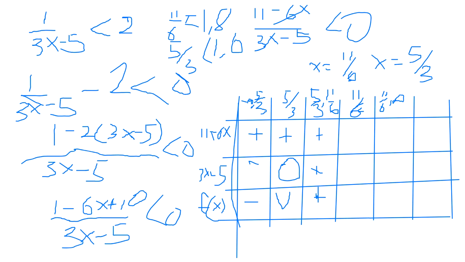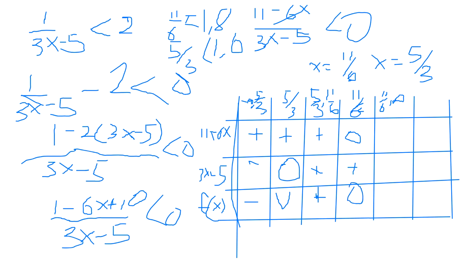Then 11 over 6. If I replace it with 11 minus 6x, what will I get? 0. And if I replace it with 3x here, what will I get? Positive. 0 divided by positive gives us 0.